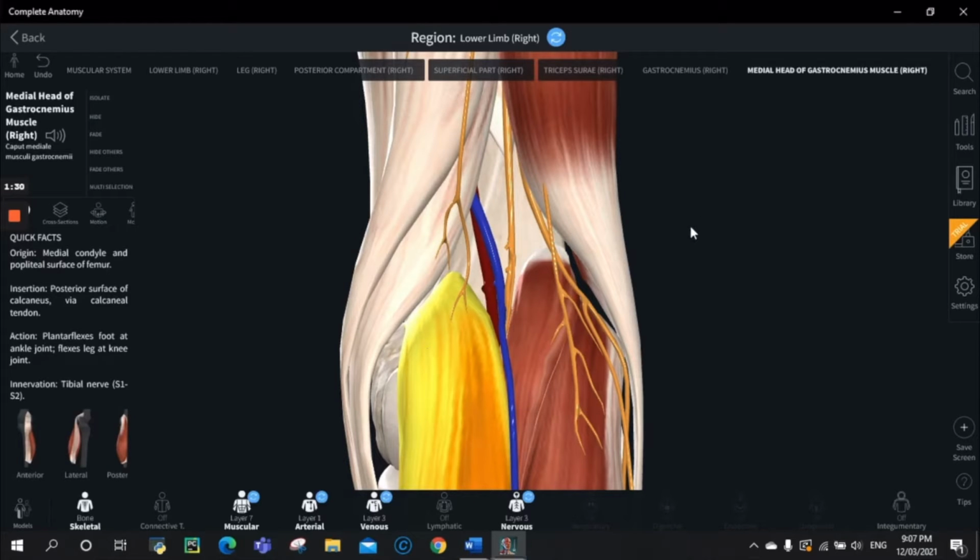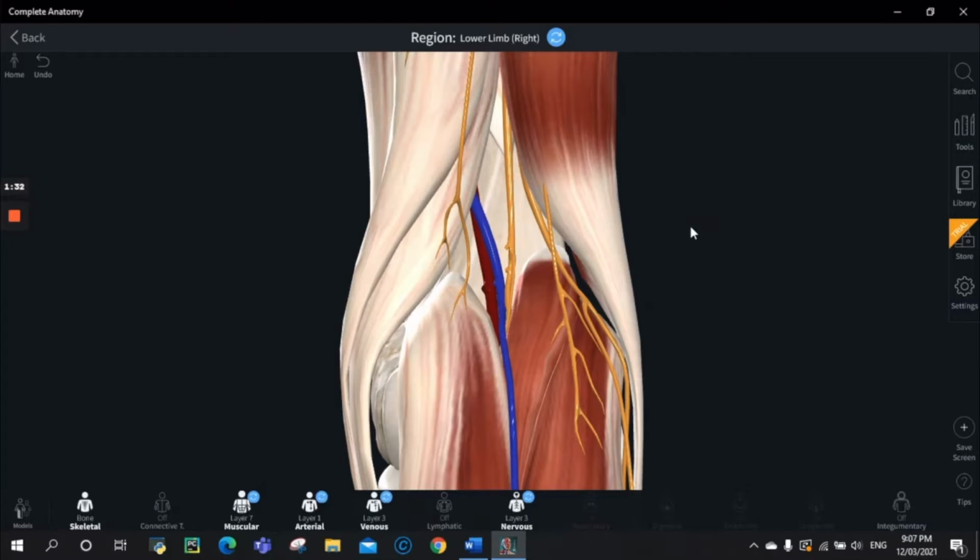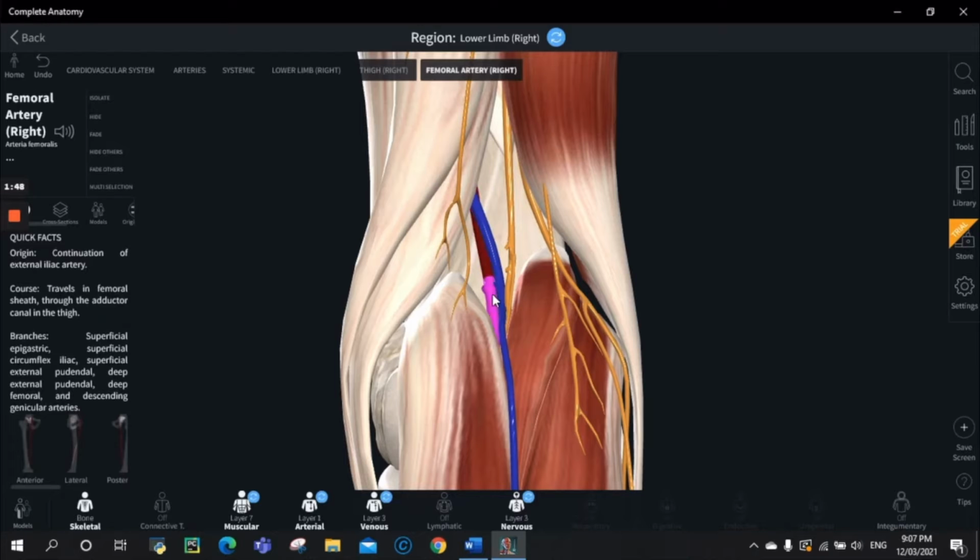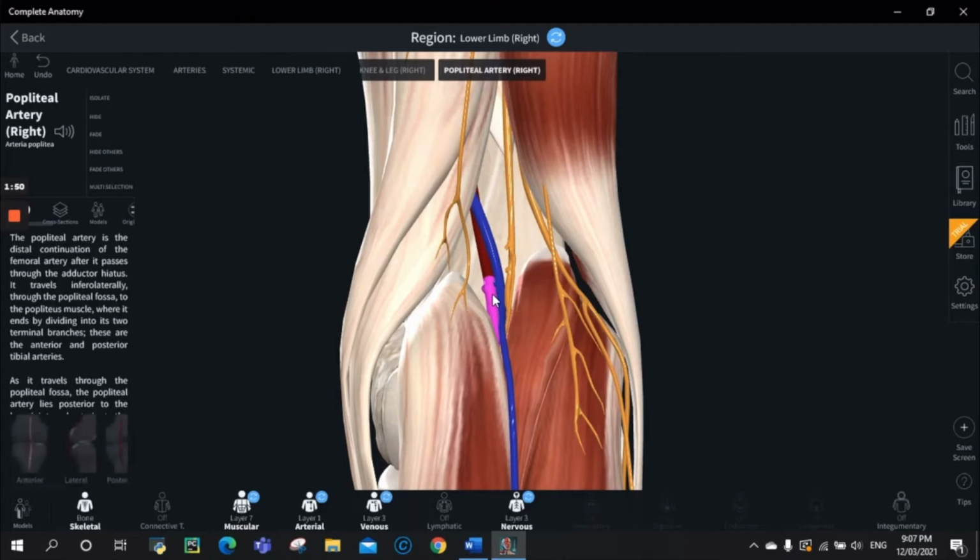Now, let's discuss the contents of the popliteal fossa. I'm going to mention the contents from deep to superficial. So the deepest content of the popliteal fossa, which is near the floor, is the popliteal artery right here. The popliteal artery is the continuation of the femoral artery.